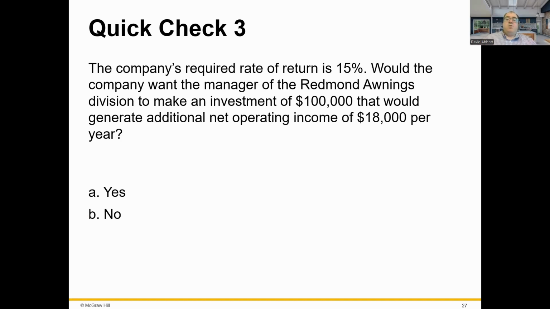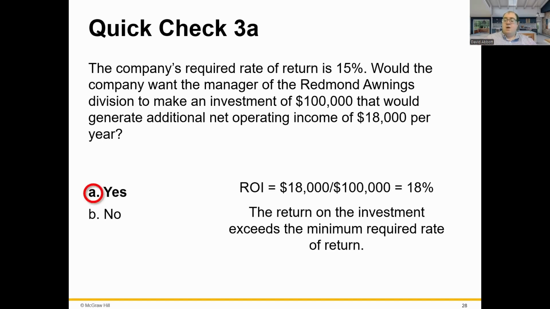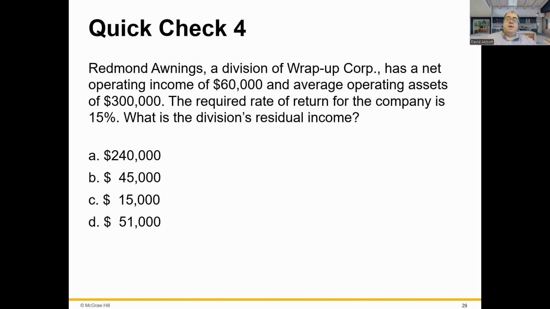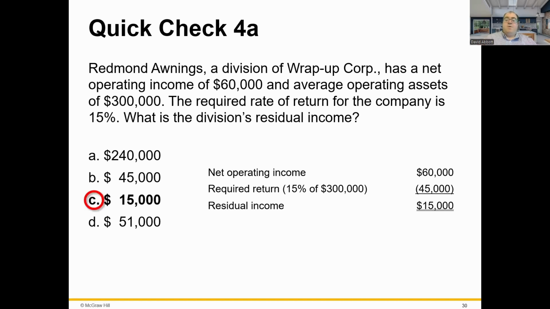And then if the company's required rate was 15%, would the manager make this investment? Then they would, because it's going to exceed the 15%. It's going to be 18%. And then what would be the residual income at the required rate of return for the company of 15%?